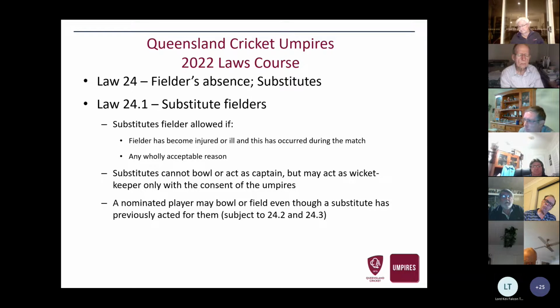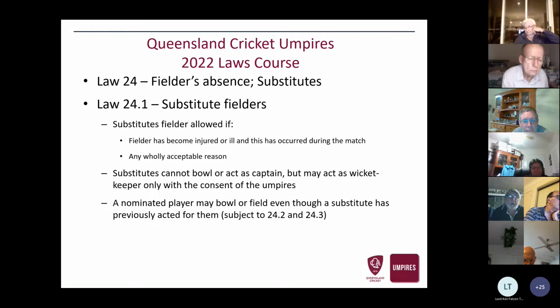All right, we'll get into law 24, which is around fielders' absences and substitutes. We did touch on this very briefly at the back end of last week's session, but we'll touch on it in complete detail tonight.